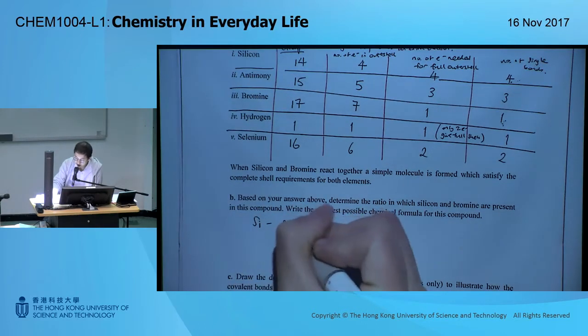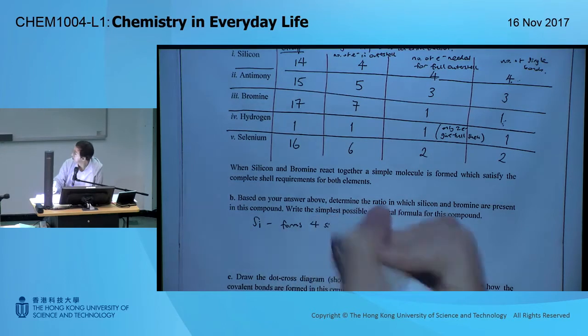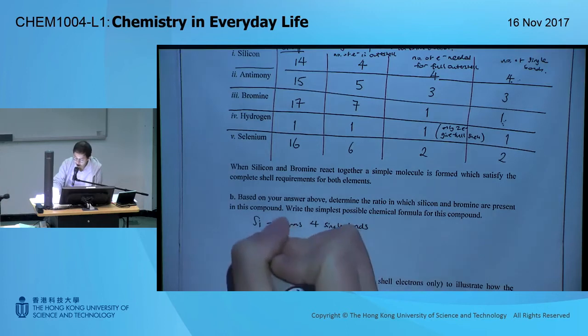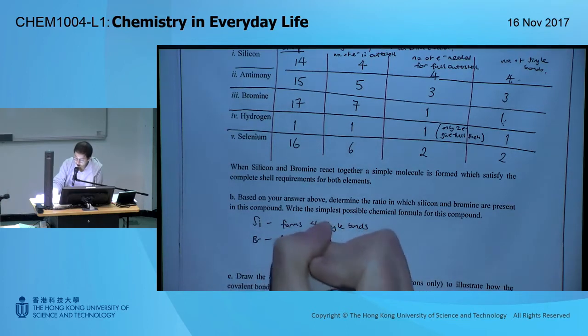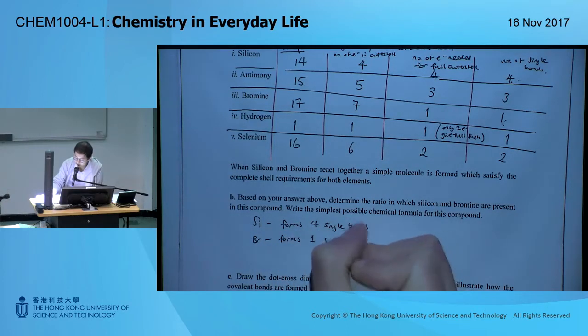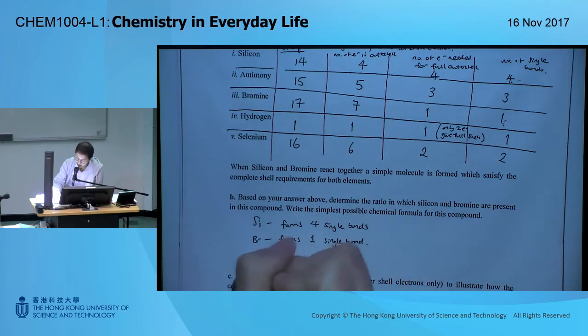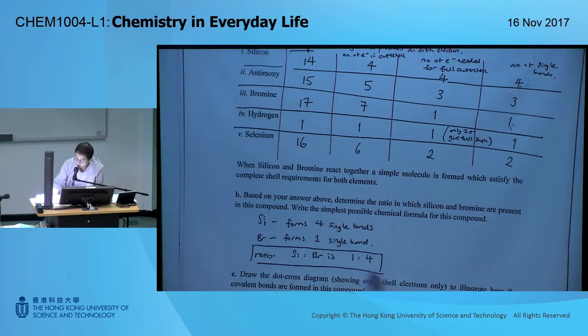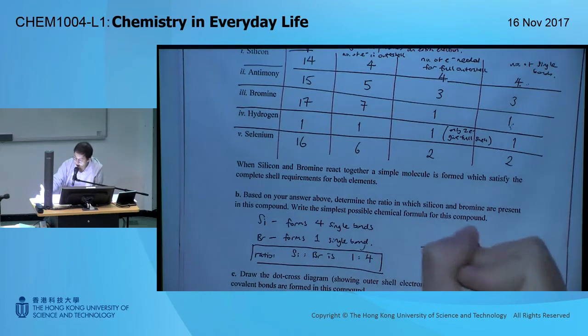Silicon forms 4 single bonds, bromine forms 1. Therefore, the ratio between silicon and bromine is 1 to 4. So you can satisfy all the bond requirements, and therefore the compound should be SiBr4.